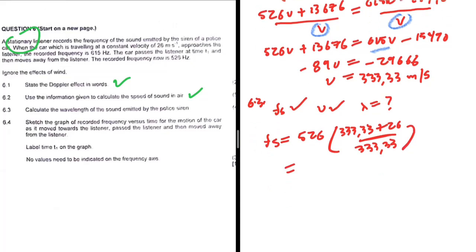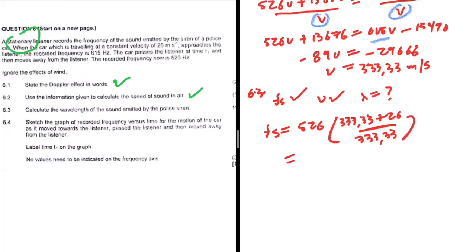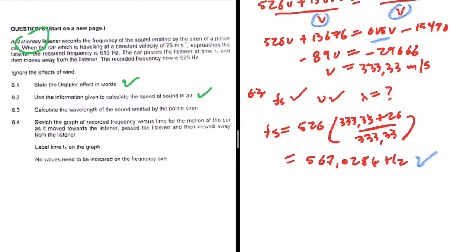So let me put that in my calculator. 526 multiplied by 333.33 plus 26, everything divided by 333.33. When I put that in my calculator, I get 567.0284 hertz. I can actually prove if this is correct, but I don't think it's necessary. I'm quite sure this is correct.